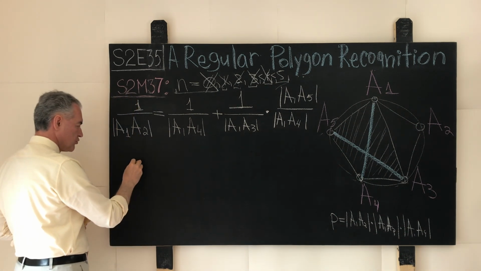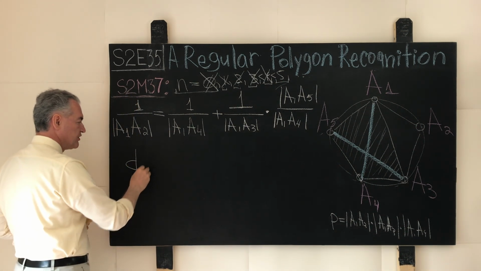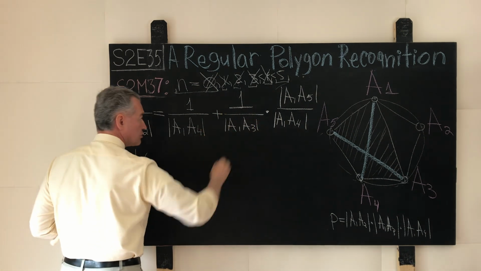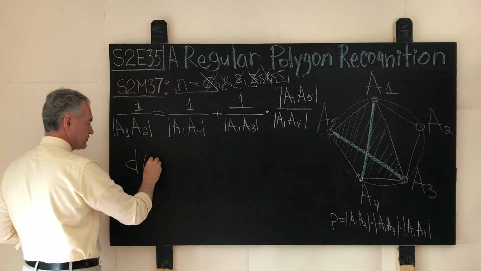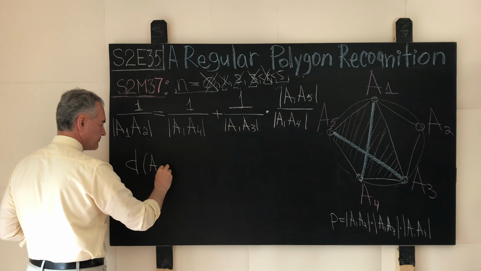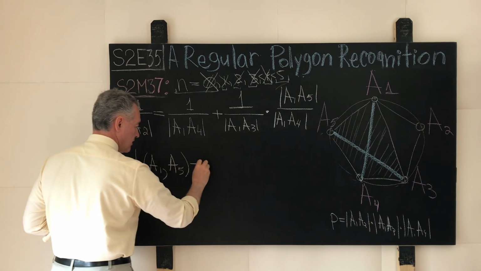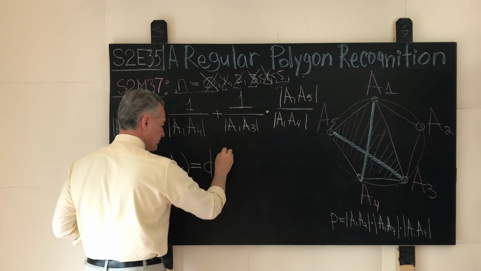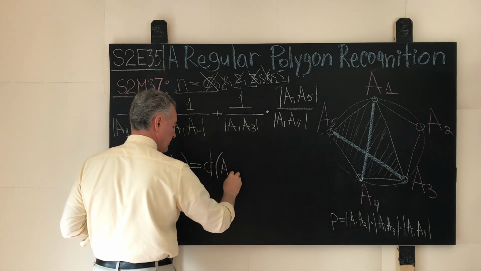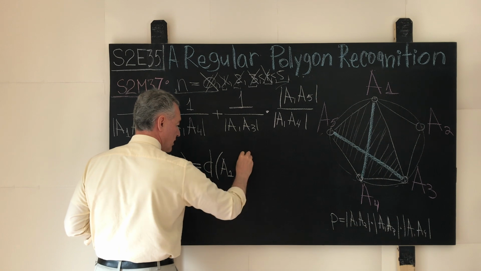I will use the grown-up notation of the letter D for distance to underscore the importance of this conclusion, to render it as follows. The distance between the points A1 and A5 then must be equal to the distance between the points A1 and A4.